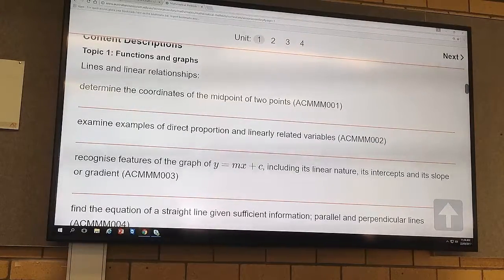Next. Recognise features of the graph y = mx + c, including its linear nature, its intercept, its slope or gradient. So that's 3. Let's see how many there are altogether.